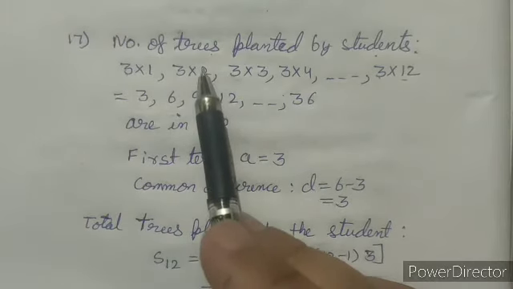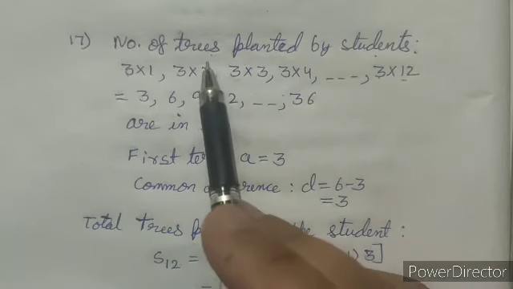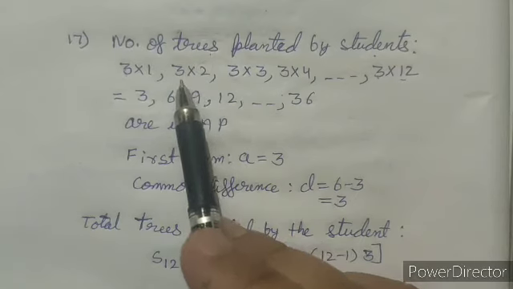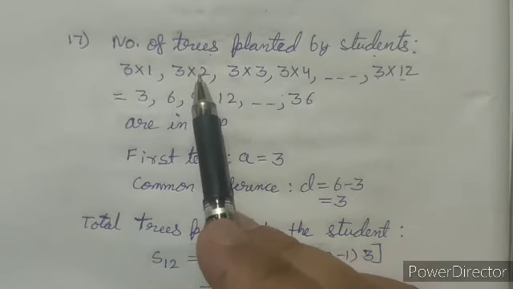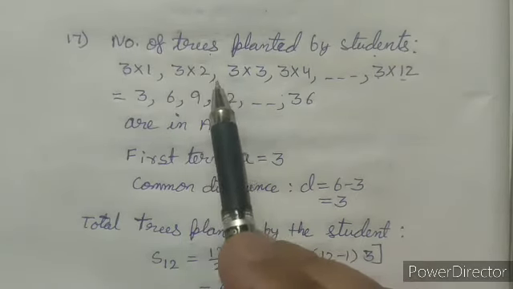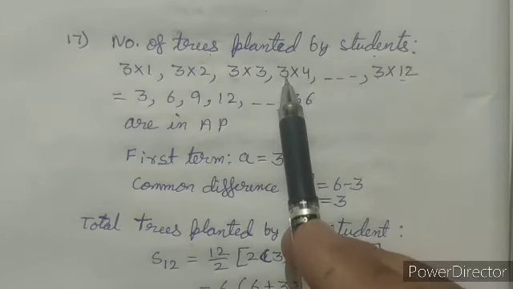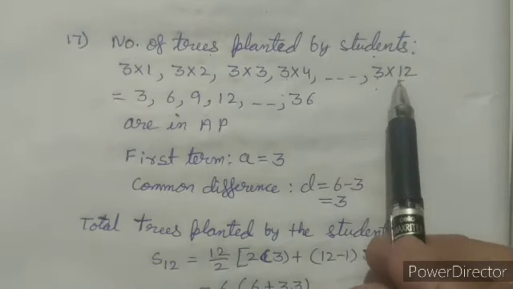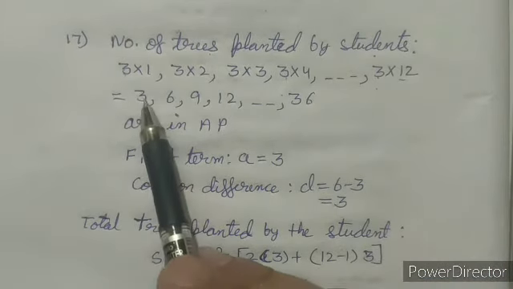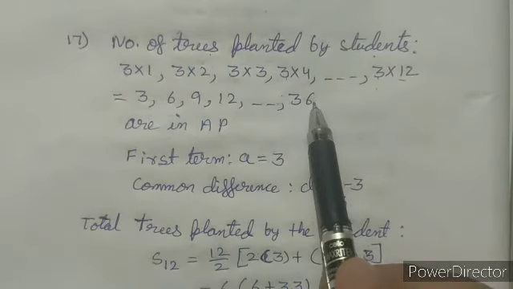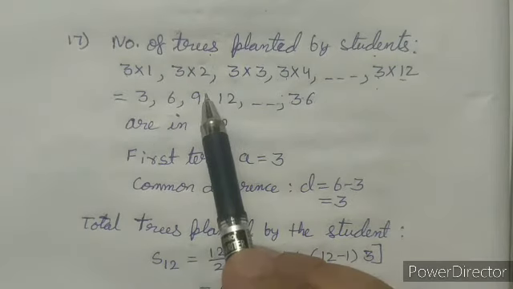Similarly, each section of class second will plant 2 trees, and there are 3 sections in all, so trees planted by second class will be 3 into 2, and we can find the trees planted by the other classes up to 12th class. Now it is giving us that trees planted are 3, 6, 9, 12 up to 36. These are in AP.